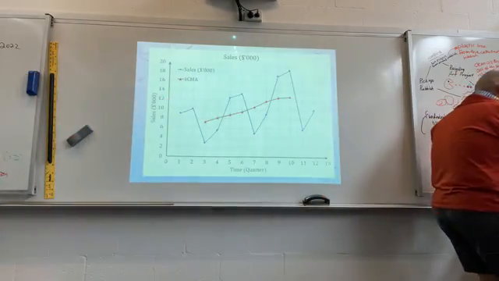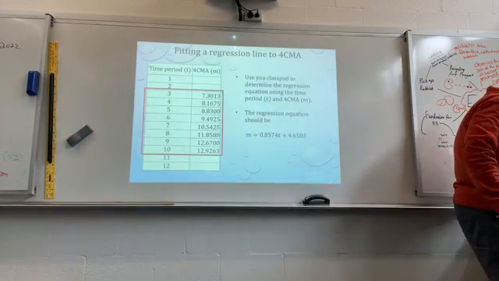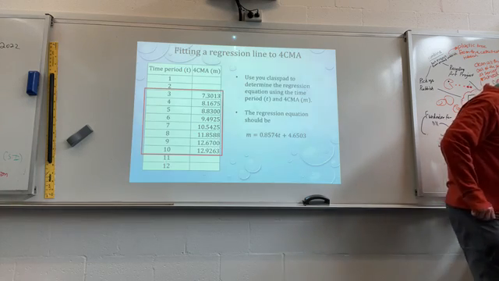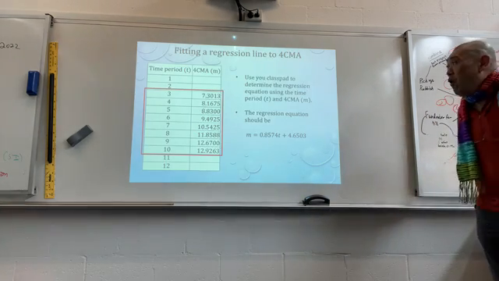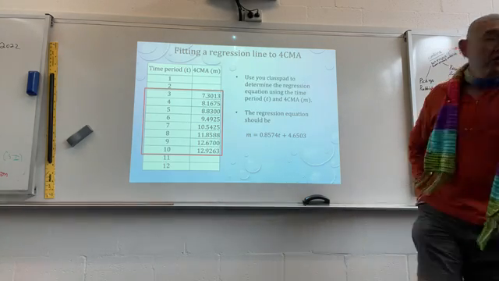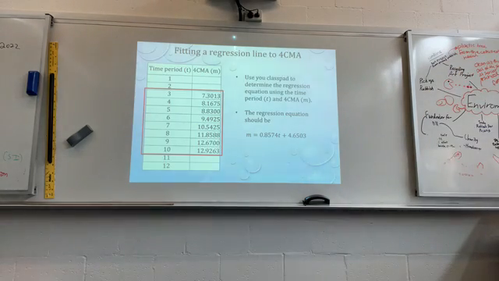Let's move on. Now, fitting a regression line to the 4 center moving averages. Can you all grab your calculator? If you haven't got one, grab one, please. You need to be able to work out your regression line.